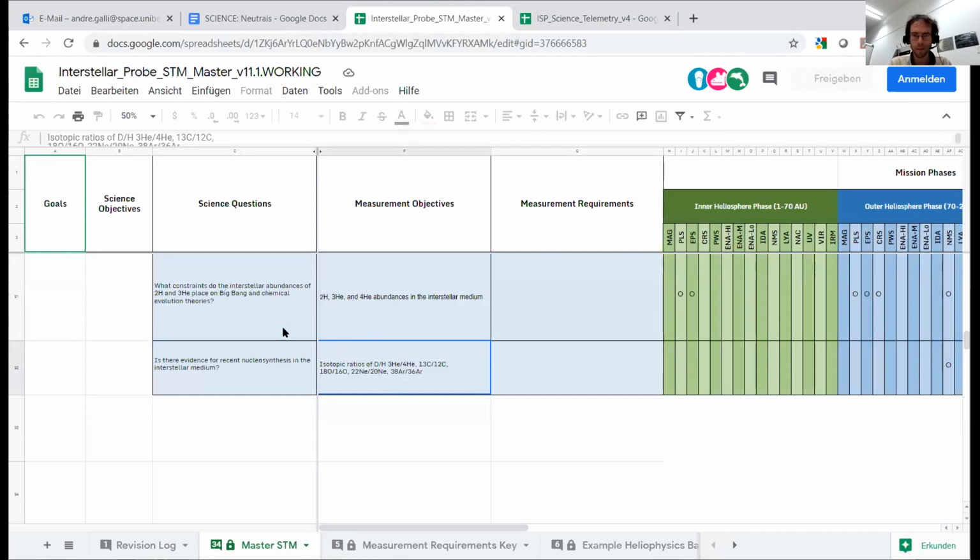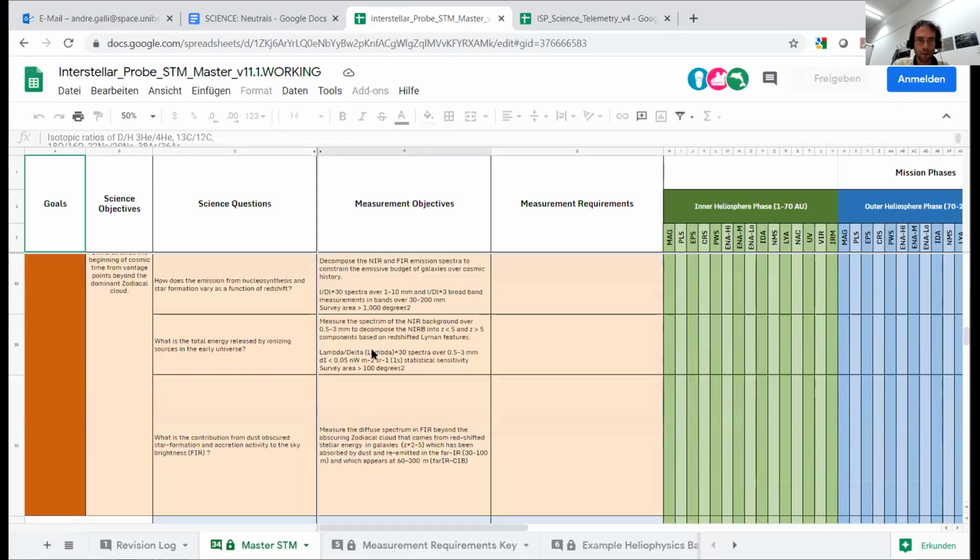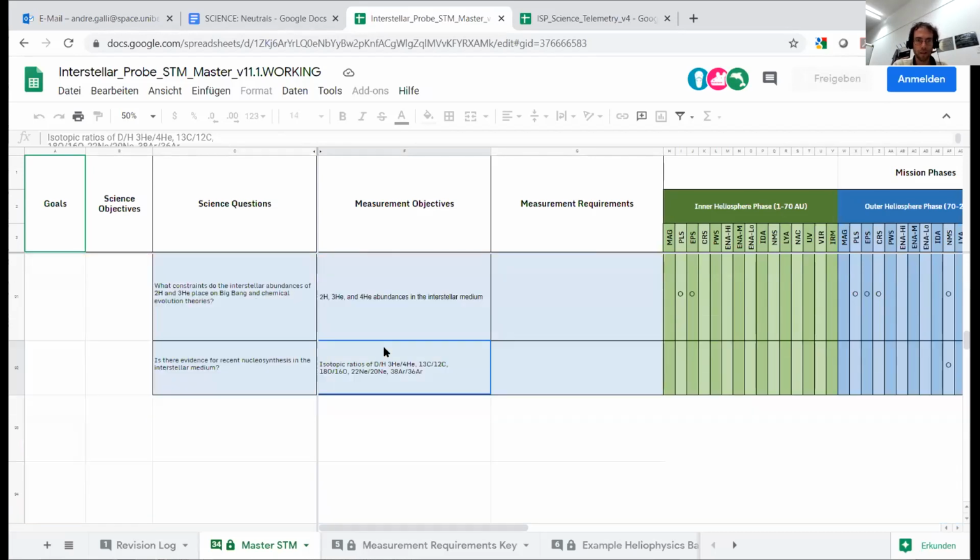But we currently assume that even if the rows aren't meant to be here anymore, the contents are very relevant, because here we're talking about measuring isotopic ratios of D over H and that stuff. All right, that's all I want to say about the master STM.